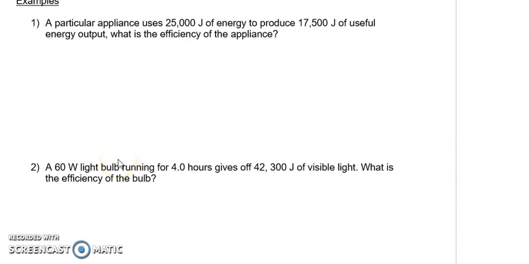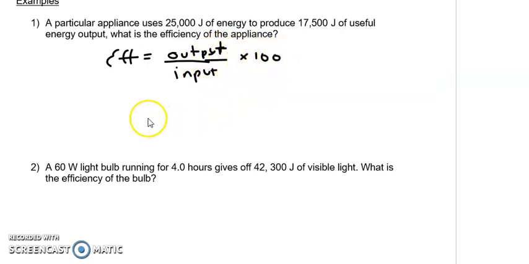So let's take a look at our first example here. A particular appliance uses 25,000 joules of energy to produce 17,500 joules of useful energy output. So again, that efficiency is just the output divided by the input multiplied by 100.